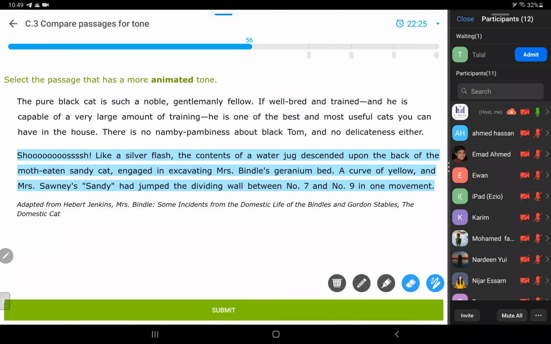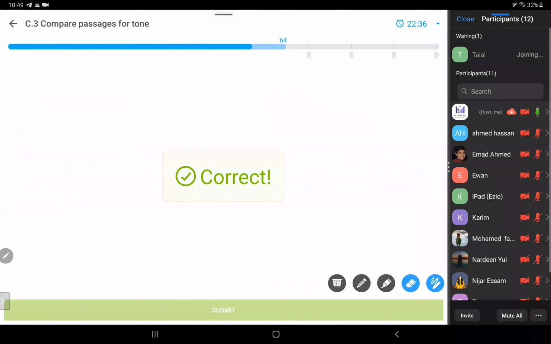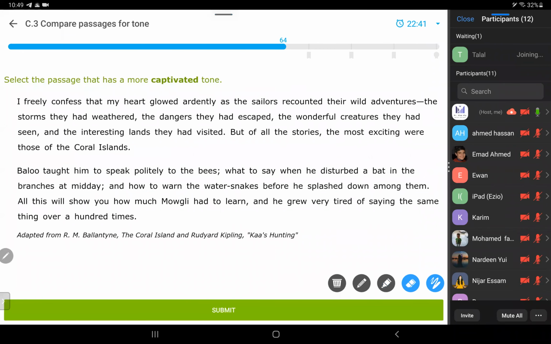But the other one looks very calm and doesn't do anything. No actions. The cat did nothing, the whole paragraph. Okay, excellent. Well done, Ranin. We had others also answered. Just one second, let me check.